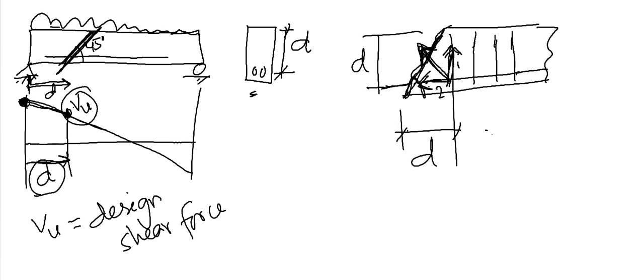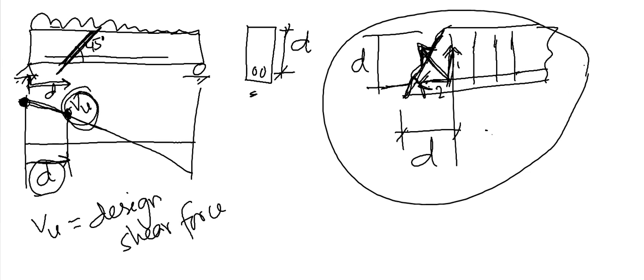At d distance, whatever the shear force is, that is your design shear force. And why d distance? Because shear failure occurs at d distance. And why is the shear failure diagonal? Because of the combined effect of this shear force here and the longitudinal force here.